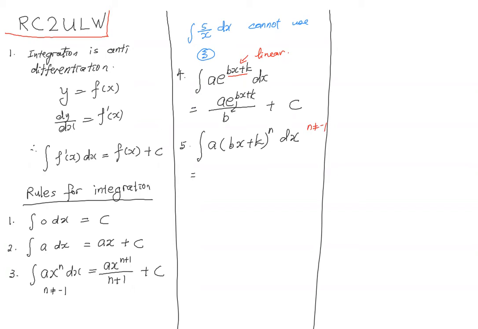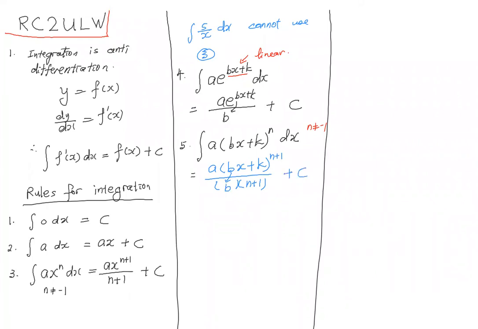So when we integrate, we get power plus 1 divided by two numbers. One is the new power. The other one is the value of the coefficient of x. Then you plus c.